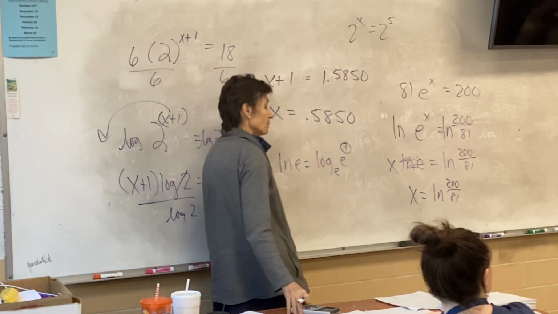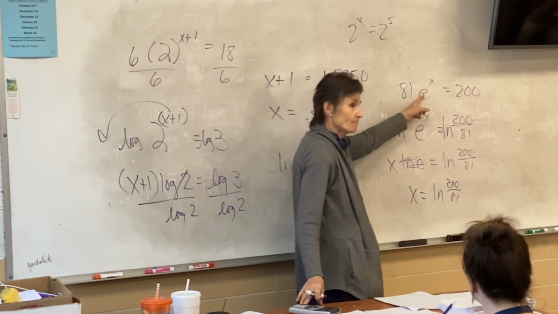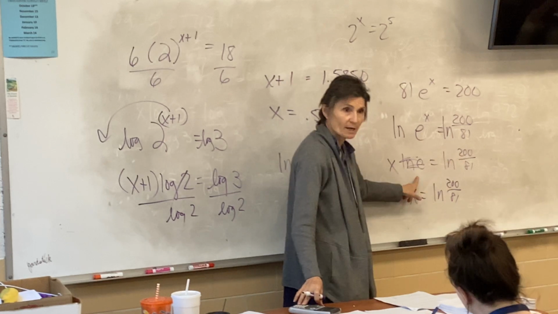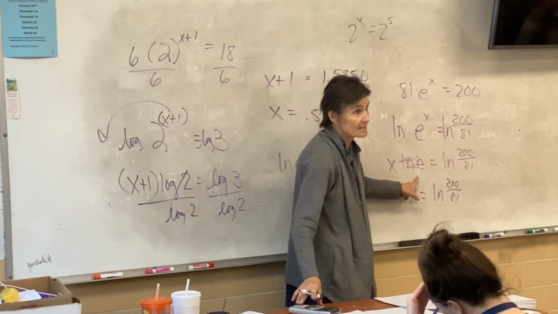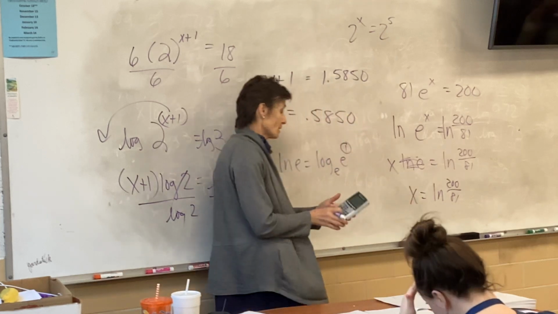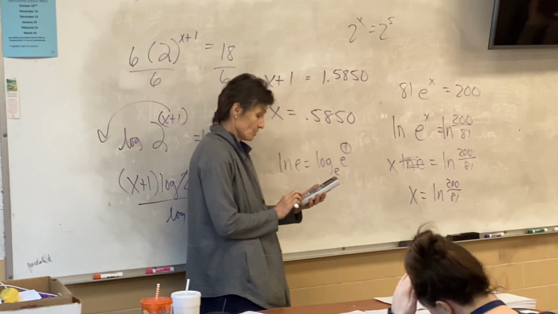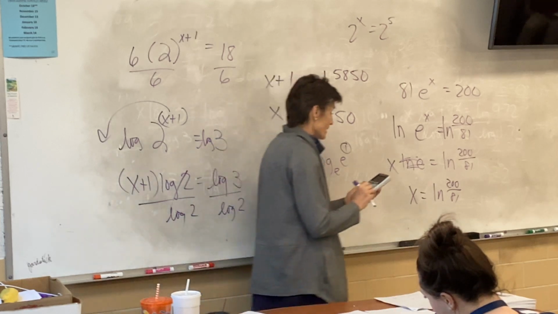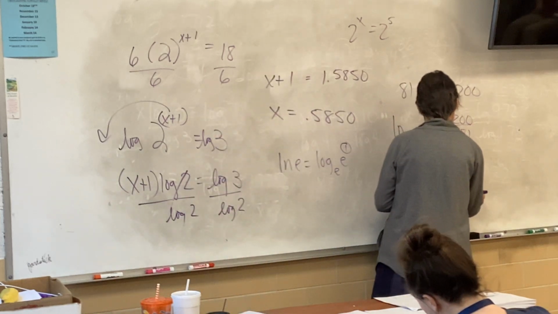If your problem has an e in it, ln both sides, because this is always going to happen if it has an e in it. So ln 200 divided by 81 equals, did you get 0.9039?